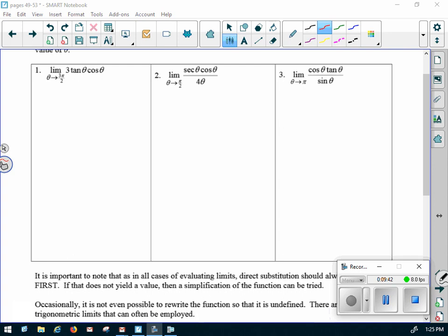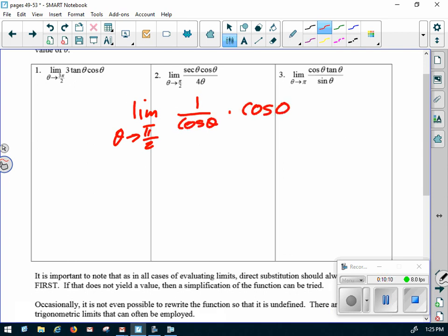So, number 2. If you try direct substitution, it's not going to work. So we say, okay, what else could I do? What's secant? Secant is 1 over cosine, so this is the limit as theta approaches pi over 2 of 1 over cosine theta times cosine theta divided by 4 theta.